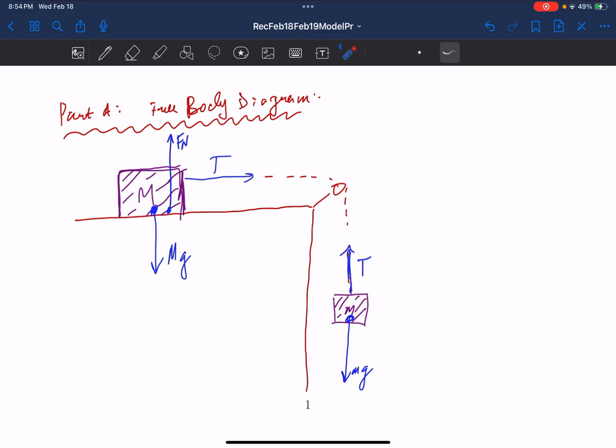And notice how the tension for block big M is propelling it to go to the right, whereas the tension for block little m is pulling it up. And that's how these types of setups always work. So this concludes the free body diagram part of these two systems. Notice how I did not draw a free body diagram for the pulley.